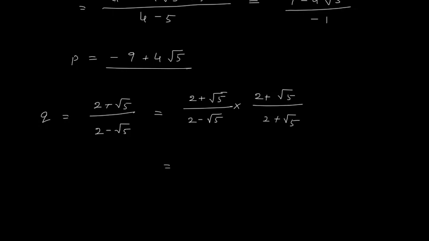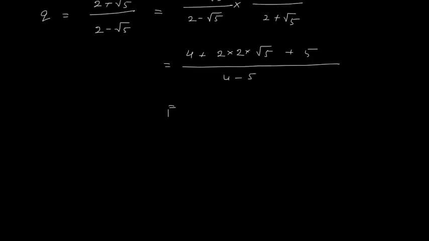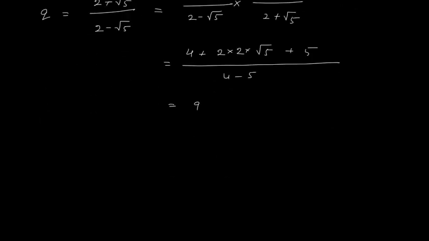So numerator will become 2 square plus 2 into root 5, because here it is a plus b the whole square, plus root 5 square is 5, and whole divided by 4 minus 5. So again I will get 9 plus 4 root 5 divided by minus 1. This will be equal to minus 9 minus 4 root 5. This is the value of Q.